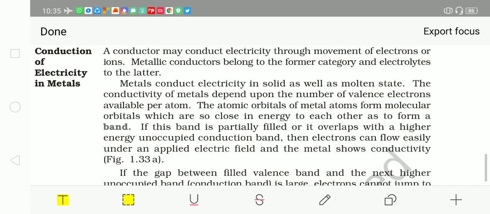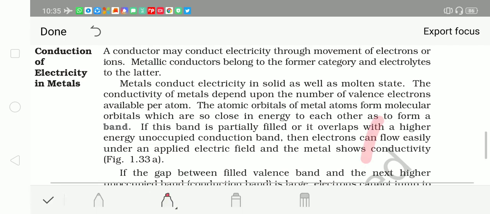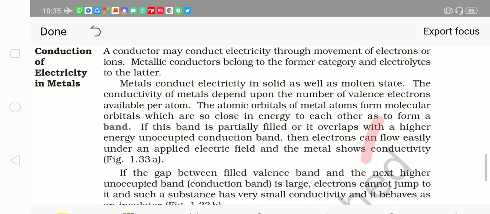In metals, free electrons are responsible for the conductivity. If electrons are moving freely, then the metal is a conductor. In both the solid state and the liquid state, metals show conductivity. So how can you show that metals are good conductors?